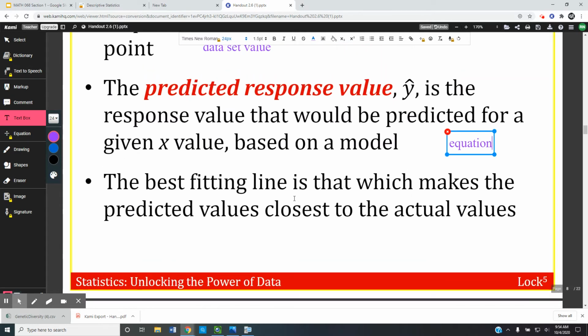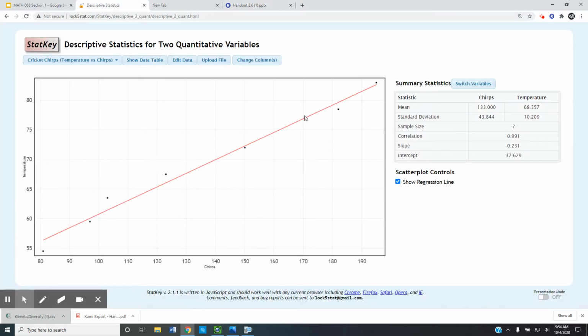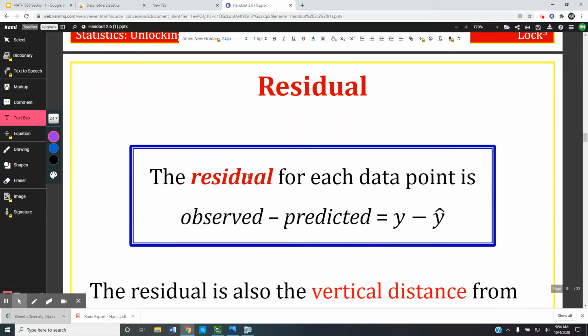We always want to have the line as good as possible. Now, you won't be making the line. You can see that StatKey does a wonderful job of making the line, and I'm going to show you how to put the line in your calculator additionally so that you have both resources available. This regression line is the best fit line. They are the same thing.